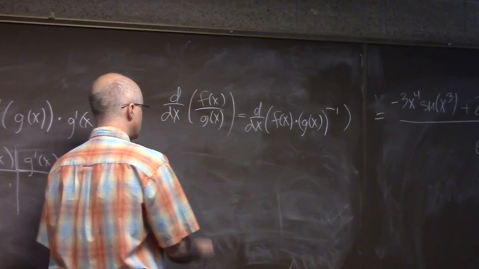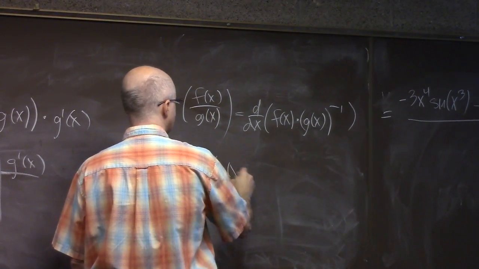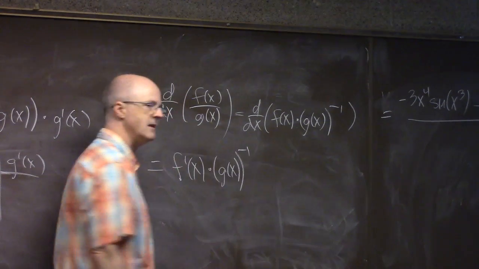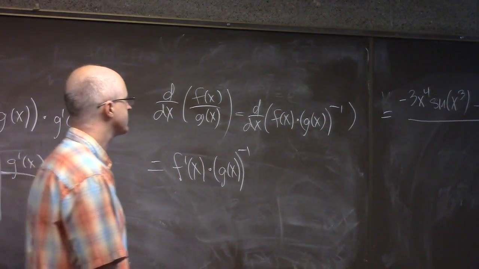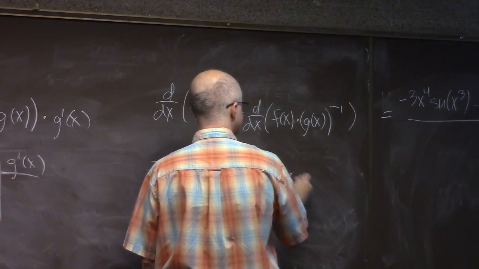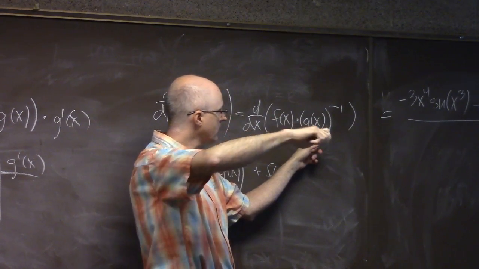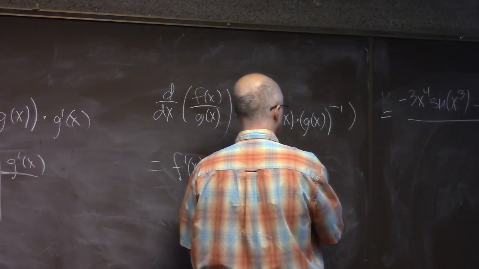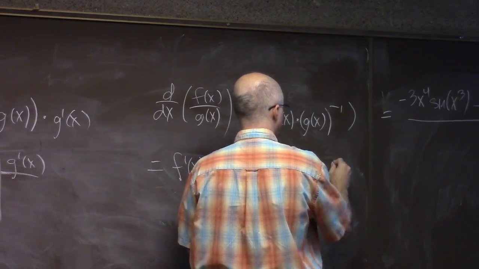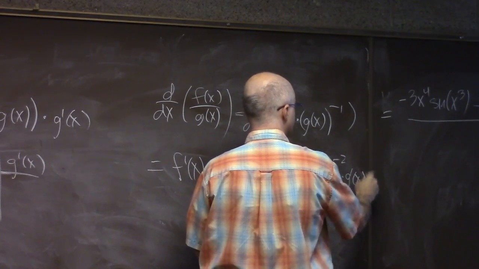Now I use the product rule, the derivative of the first times the second, assuming these derivatives exist and we're not dividing by 0, plus the first function times the derivative of the second, which I need the chain rule for, and the power rule, bring the -1 down in front. Subtract 1 from that exponent, multiply times the derivative of the inside function.